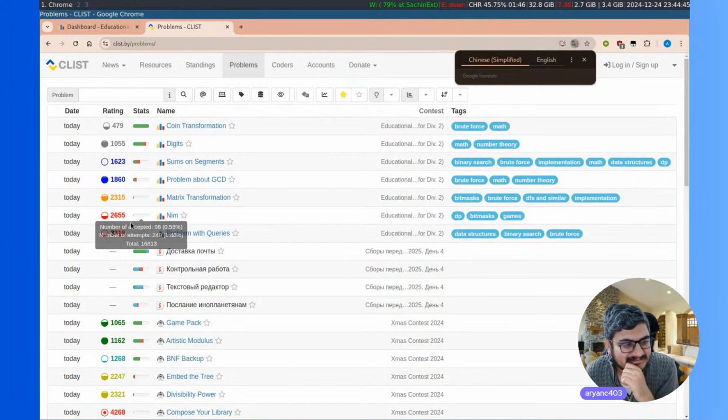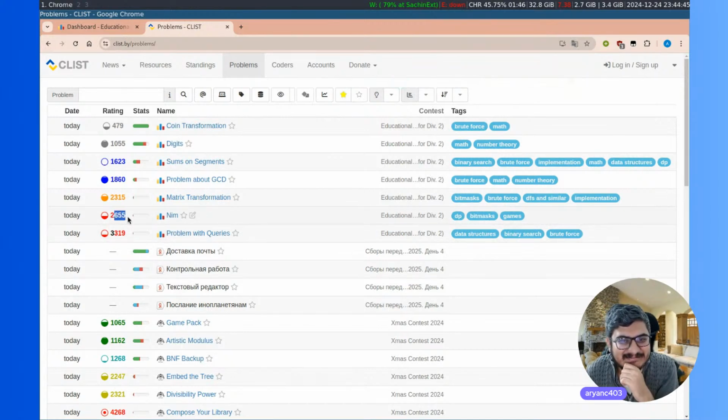F definitely looks like more than 2600, more than my rating, which explains why I do not have a solution here. F says 2600, which is some average rating. Codeforces may have plus 200 or minus 200, something like that, but that's what it is.